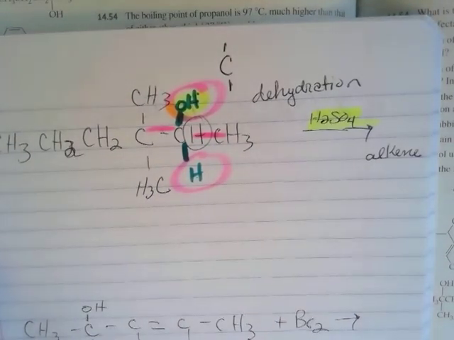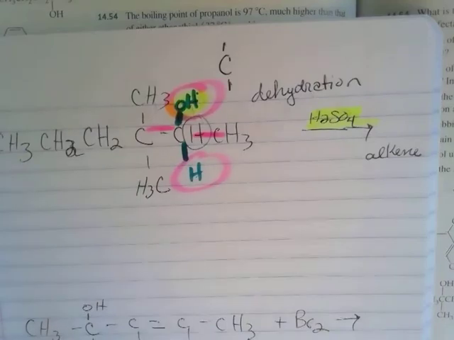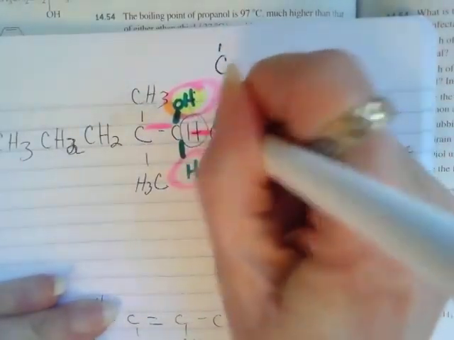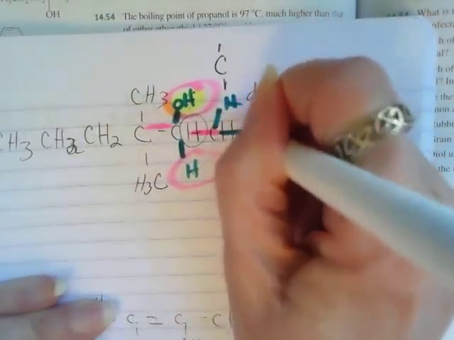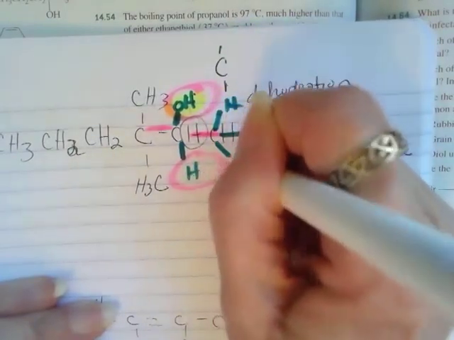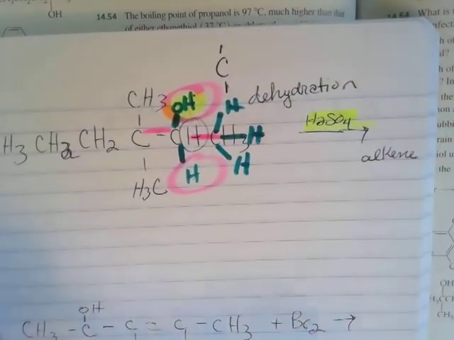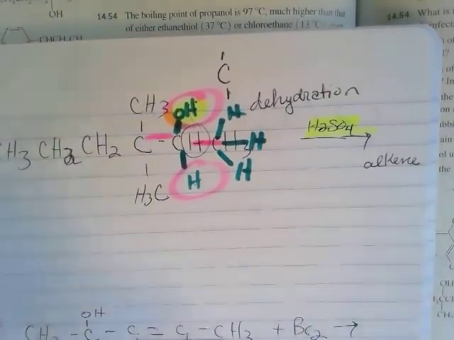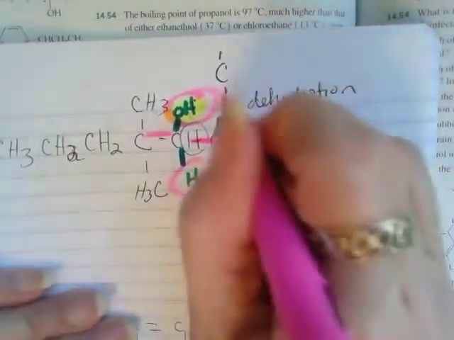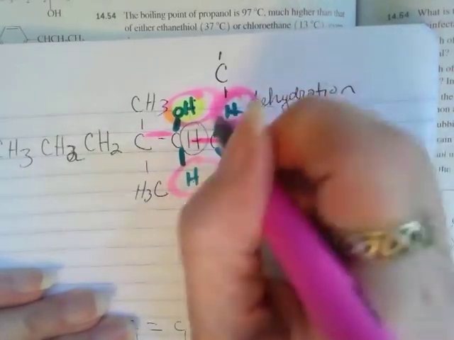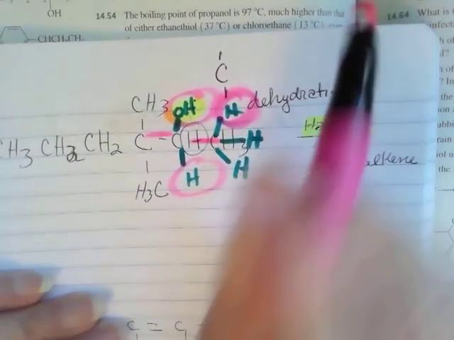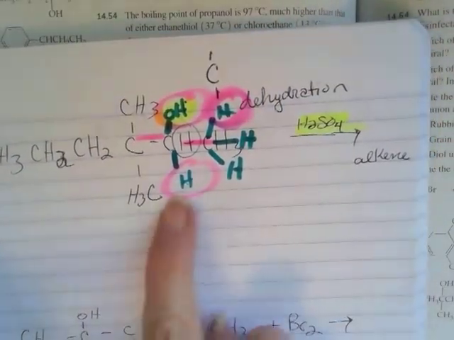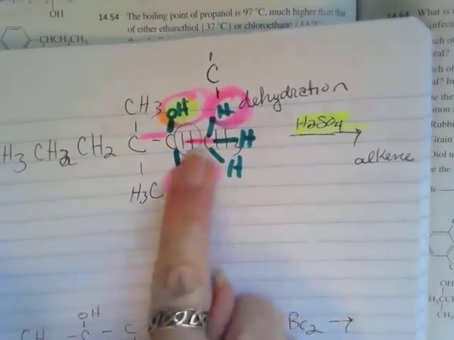If we look at the bonds that are available here, we've got 1, 2, 3 hydrogens here. We know we're doing dehydration. So if I were to take 2 of these, I can leave this one attached here.